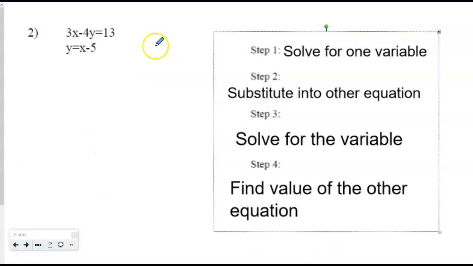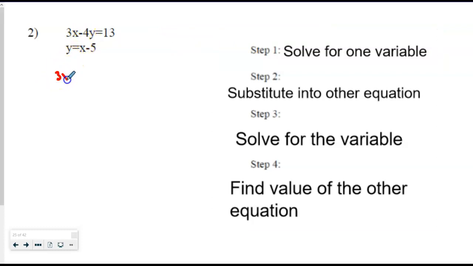Okay. Let's look at this one. Alright, so the variable's already by itself. So we're going to plug it in place of y. So we got 3x minus 4 times x minus 5 equals 13. So I got plus negative 4x plus 20.